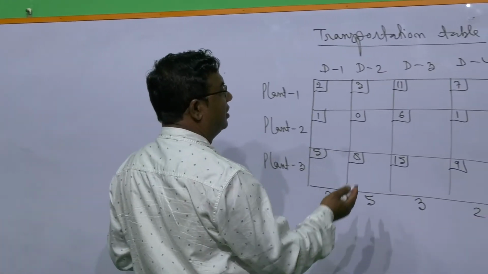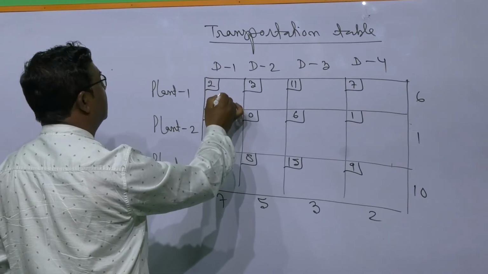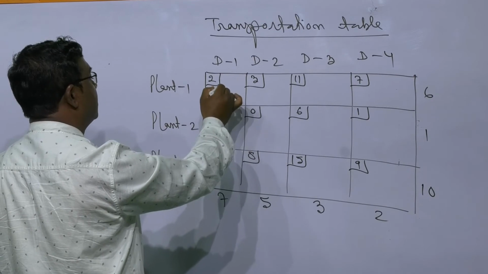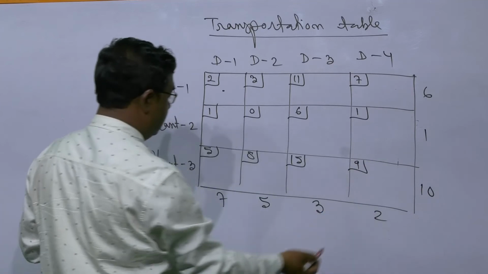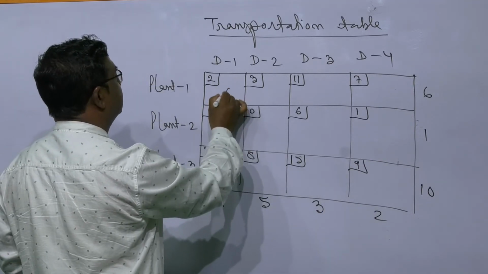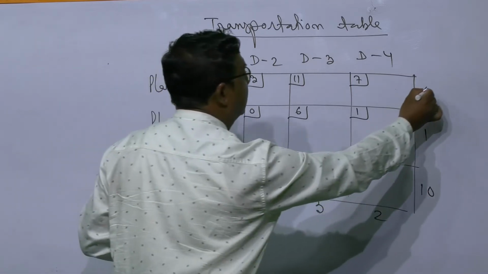First, the northwest is this cell. First we have to start here. The total supply is 6, demand is 7, so we write 6 here, then the remaining is 1, and this is exhausted.